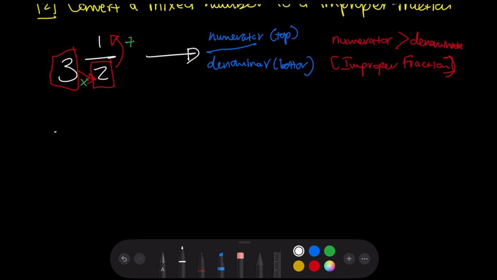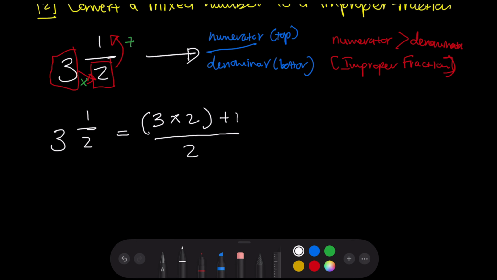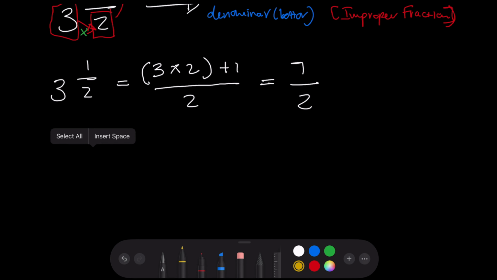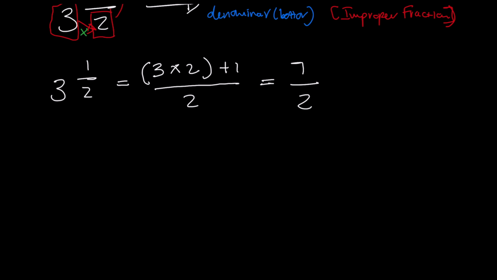So it will look like this. 3 and a half is equal to 3 multiplied by 2 plus 1. And then you keep the 2. And what will that give you? 7 over 2.